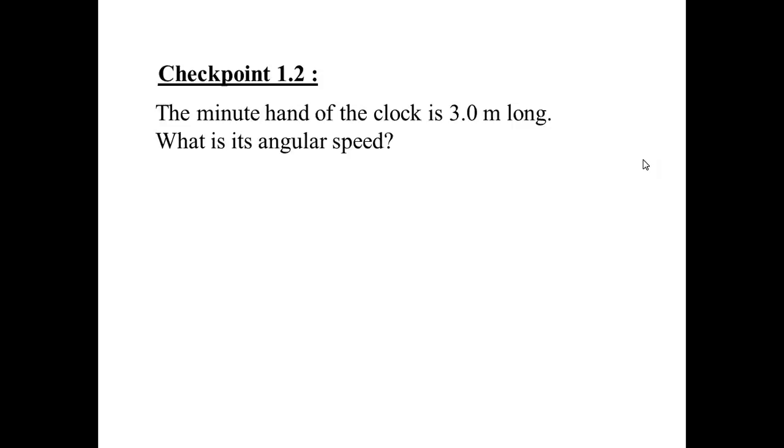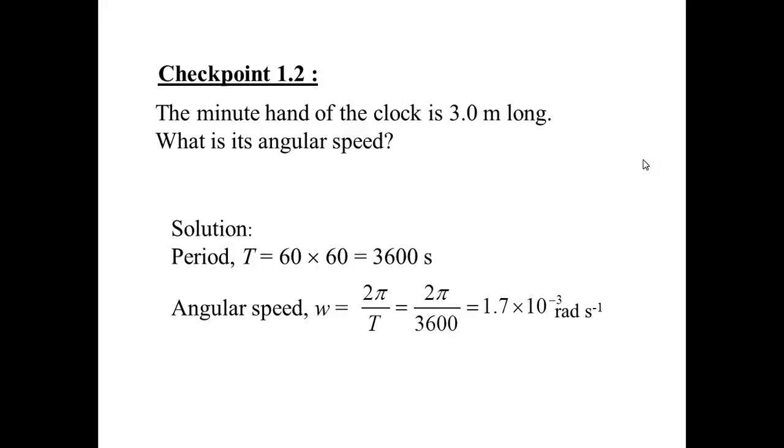Checkpoint 1.2. The minute hand of a clock is 3 meters long. What is its angular speed? So here you are asked to find omega. Recall, angular speed omega is 2 pi over T. The time taken for the minute hand to go one round will be 60 minutes, so you need to convert that to seconds.